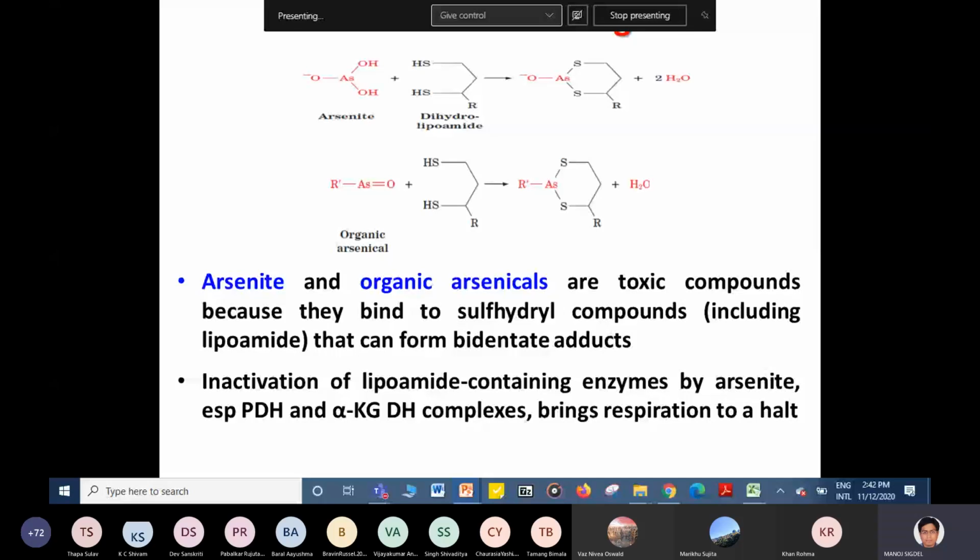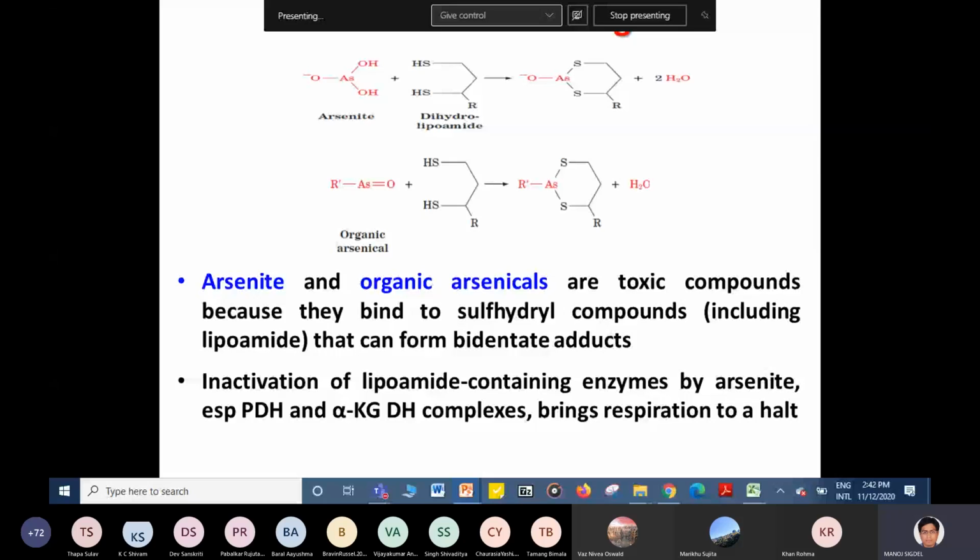Not only this pyruvate dehydrogenase complex, but also another enzyme, alpha-ketoglutarate dehydrogenase complex. We will study this in the TCA cycle, but the mechanism of action of both enzymes is similar. That's why we are also mentioning it here in arsenic poisoning. These arsenic molecules combine with dihydrolipoamide to form the bidentate complex, and this is the inactive part. That means it will render the enzyme inactive.